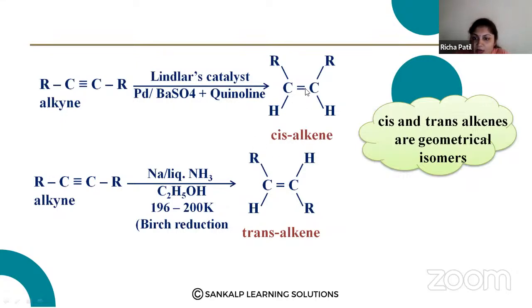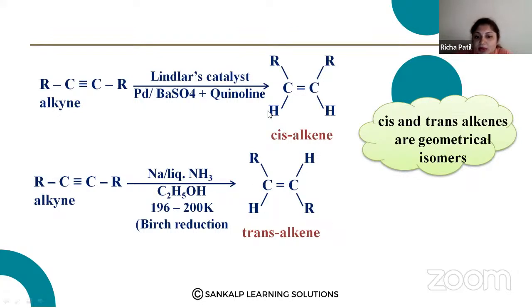Across the double bond, if the two similar atoms are occupying the same side of the double bond, then that is cis alkene.